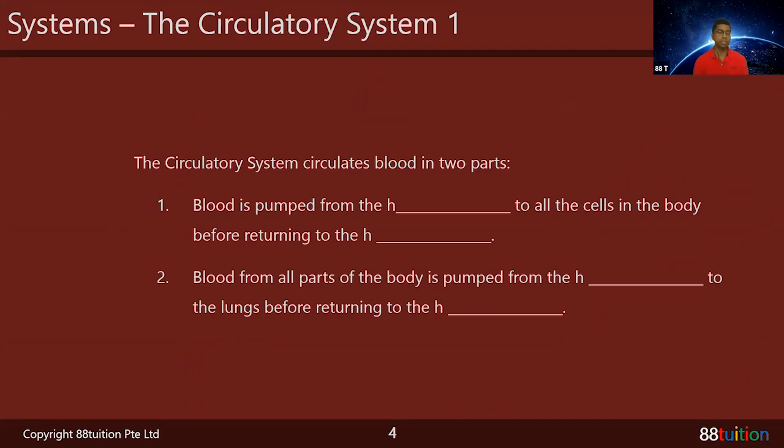Okay, the circulatory system. So we summarize what Ali has just said in the previous slide. What did I say? Blood is pumped from the heart. Okay, you fill up for me.